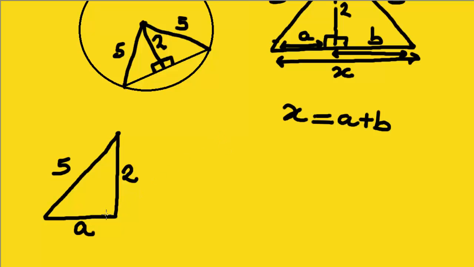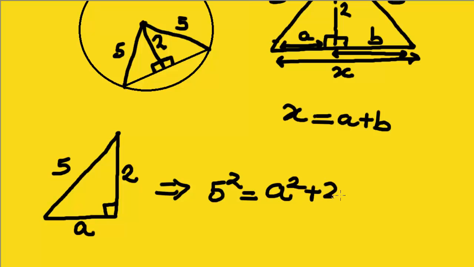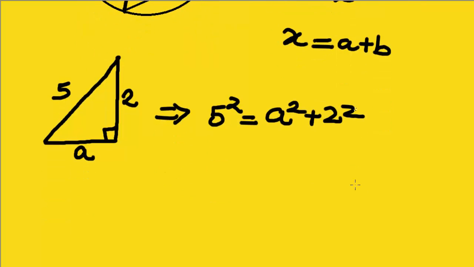Now, given that this triangle here is a right angle, it means that Pythagoras' theorem applies, i.e. the length of the hypotenuse squared, so 5 squared, is equal to the sum of the squares of the other sides, so a squared plus 2 squared. So we can get what a is.